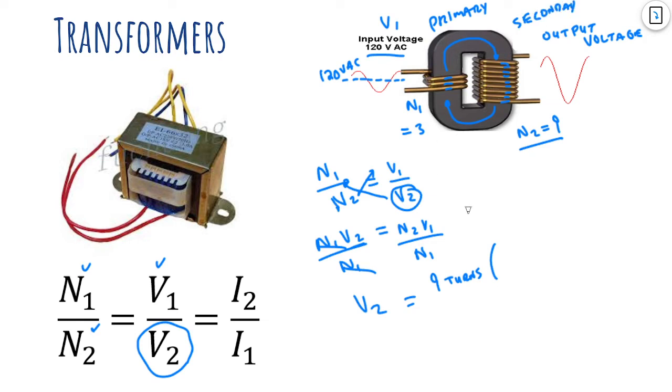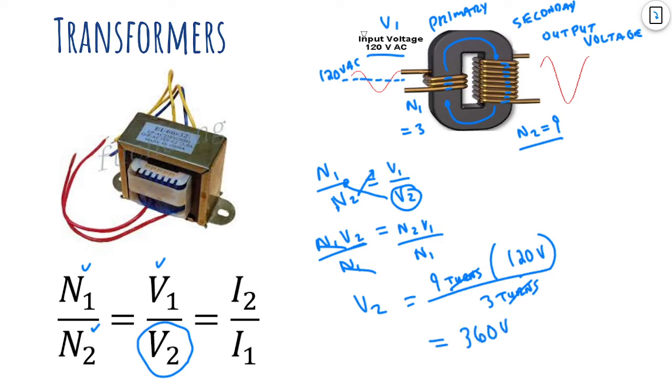Okay, V1 was 120 volts, so I'd put that in right here. And then I'd divide by N1, this guy. On the primary I had 3 turns. And you can see that the number of turns cancels out. I'd have 9 divided by 3 is 3. 3 times 120 is 360.